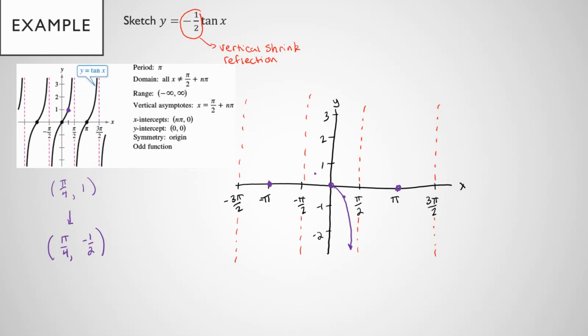And then because it is symmetric, I can finish that for the other side. So you can see that we have a reflection upside down, and then we shrank it down so it's a little flatter in the middle than it would have been normally. Now this is not to scale, so that's why this is a sketch, because my scaling here is really bad.